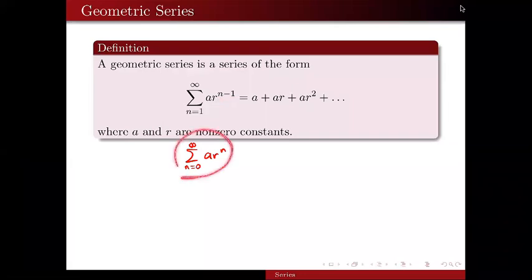If you look at this one, you start with n equals 0, so when n equals 0, you have r to the 0. That's the starting point also for this. When n equals 1, you have r to the 1. That's the second term in here. So this guy here is the same as this guy. So you might see this or this one.